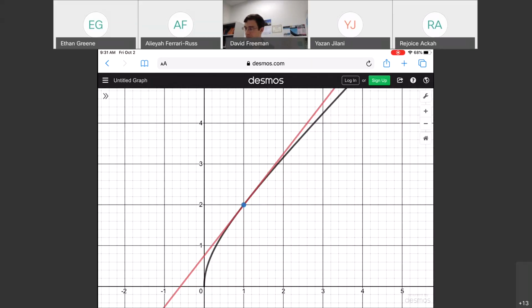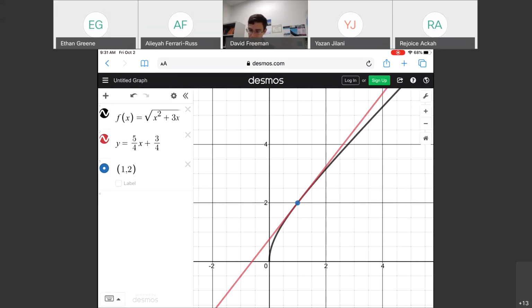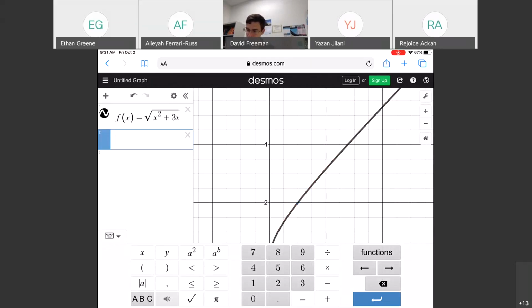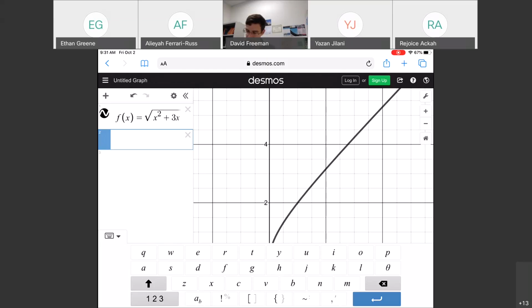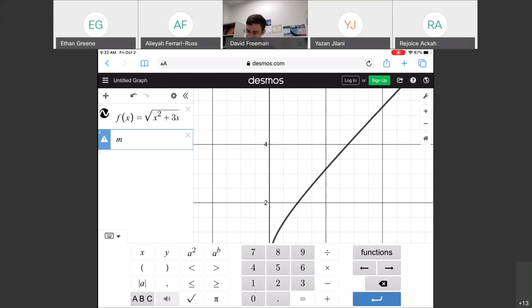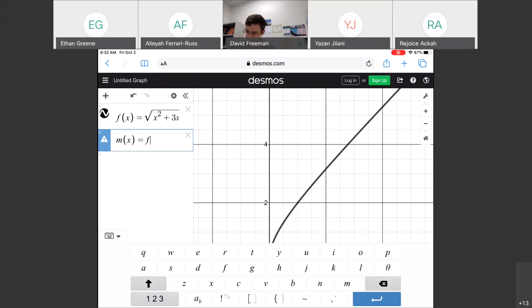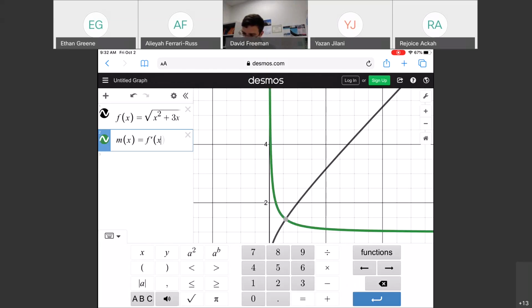Okay? And look, I can show you something here. Let me actually delete that. We don't have to focus on just that particular point. Let's call it m of x equals, let's see if Desmos can handle this, f prime of x.